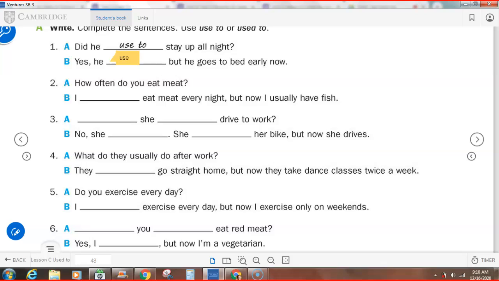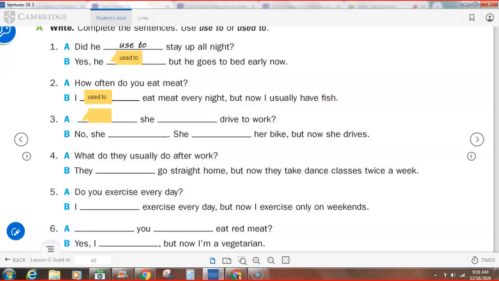He used to. With a D or no D? D. Good, good. How often do you eat meat? I used to eat meat every night, but now I usually have fish. And D or no D? D. Good, good, good.